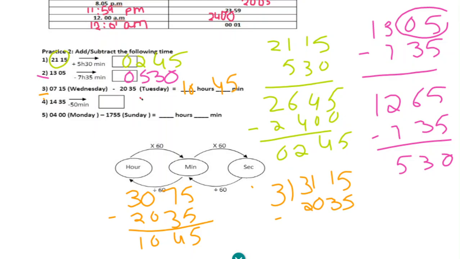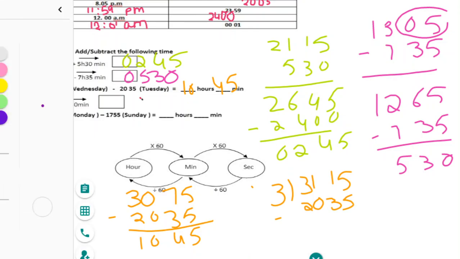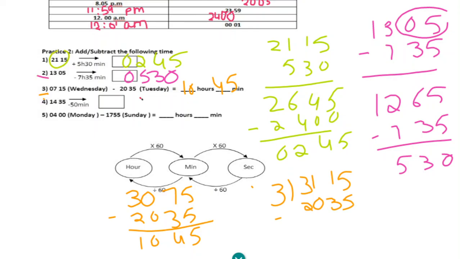Part 4. Subtract 50 minutes from the given time. So 14:35 can be written as 13:95. Now subtract 50 minutes from it and we get 13:45.